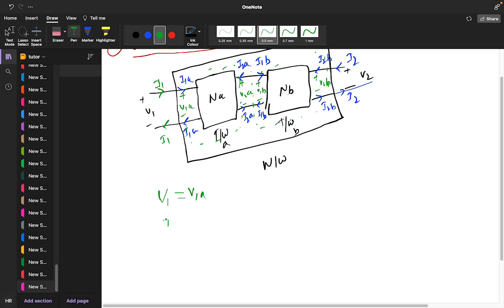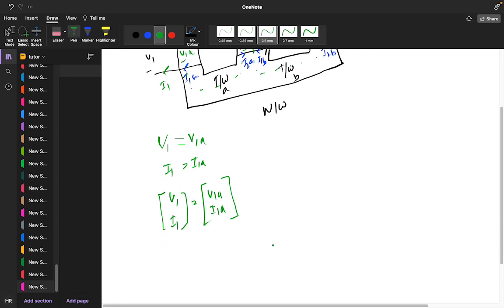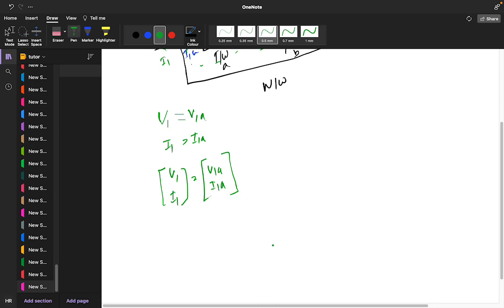And this I1 is equal to what? I1A. So we are getting one equation: V1, I1 is equal to V1A, I1A.